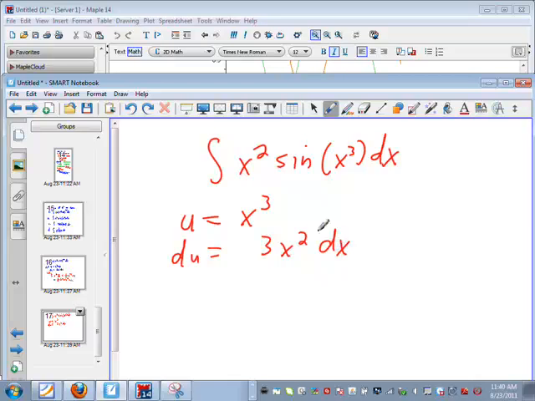If that's true, then we're going to need to get rid of this, and this. But x cubed is u, so that's already gone. X squared dx, I need to write that in terms of u only. We'll just remark that x squared dx will bring the 3 over here. If the 3 is not here, we'll just move it over here. It's equal to du over 3, 1/3 du.